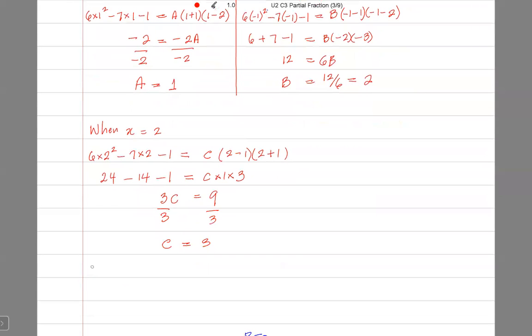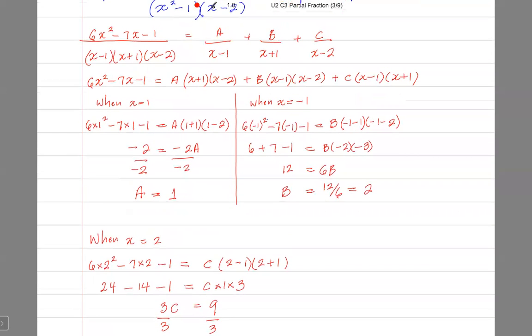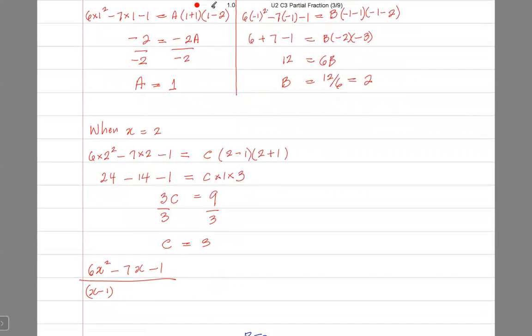So on the left, I have 6x squared minus 7x minus 1 over x minus 1. Let's put it back to what it was originally.